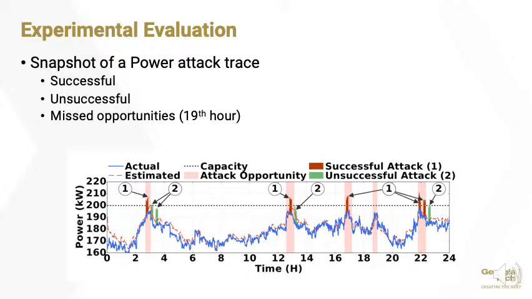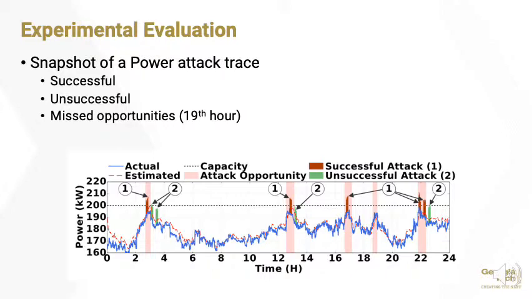Now, an actual outage may not always occur after the overloaded capacity, but these show the best times to create an attack. There are also unsuccessful attacks, which are labeled as 2, due to overestimates of the benign tenant's power demand, and the increase in the attack load fails to overload the design capacity because of that underestimated power demand.